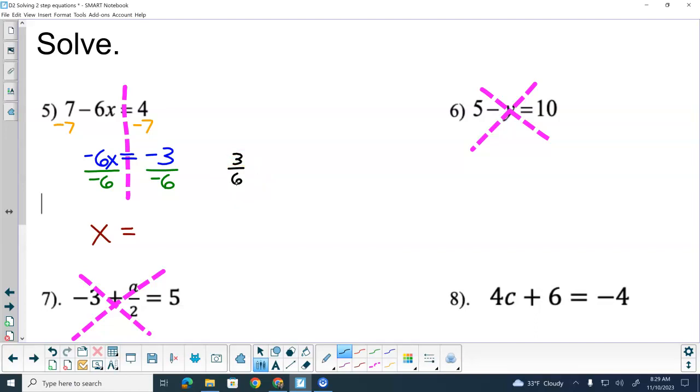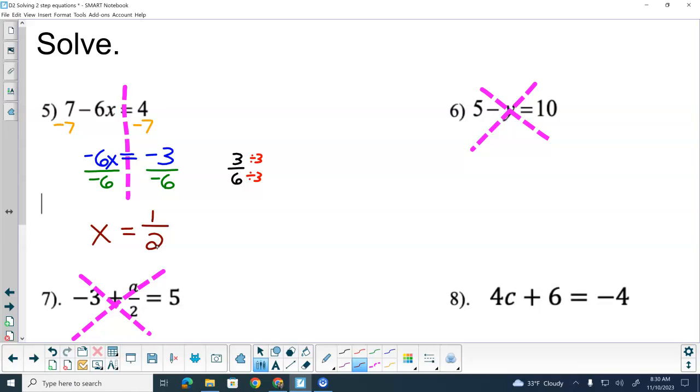What can I divide both of them by? 3. Okay? So I can divide 3 by 3, and I can divide 6 by 3. 3 divided by 3 is 1. 6 divided by 3 is 2. So my answer there is 1/2. Not 0.5, 1/2. Okay? We're fractions. Alright?